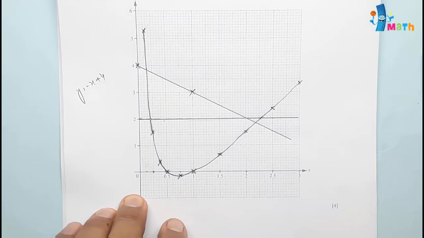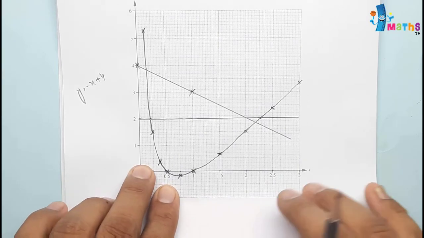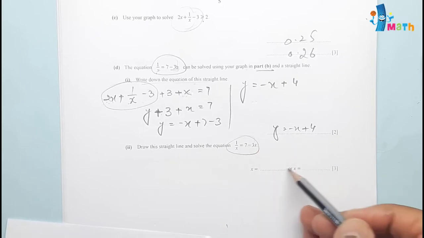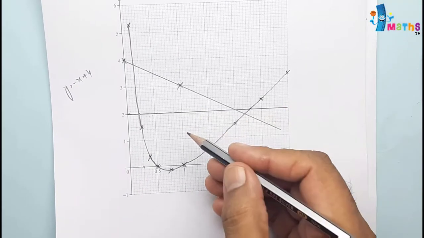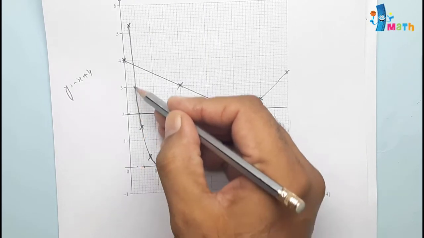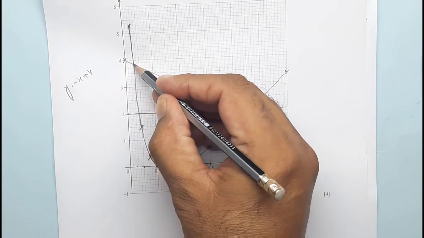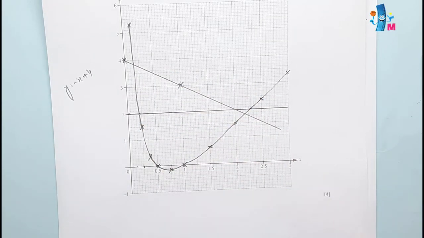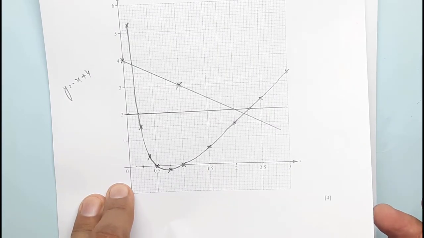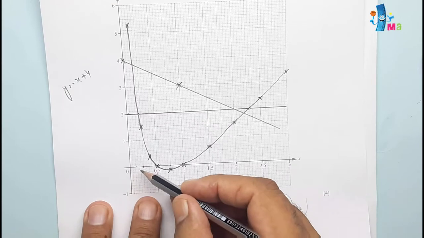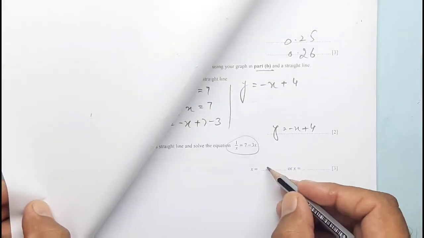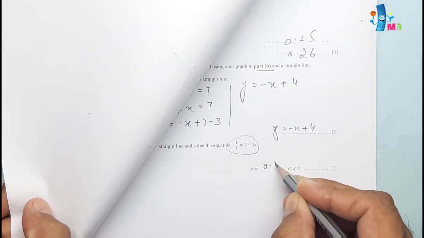Now we'll have to check what is the requirement of the question. The question is saying draw the straight line, and we have to give two x values. If you check, what are these x values? This one is over here. This is 0.2, because this is 0.25 and this is lesser than 0.25, so we'll write 0.2.